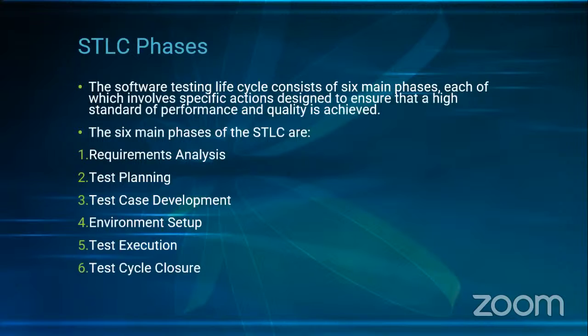If you look at all these processes, these 6 go back to the fundamental test process: test planning and control, test analysis and design, test implementation and execution, evaluating exit criteria and reporting. The last of it was test closure activity.